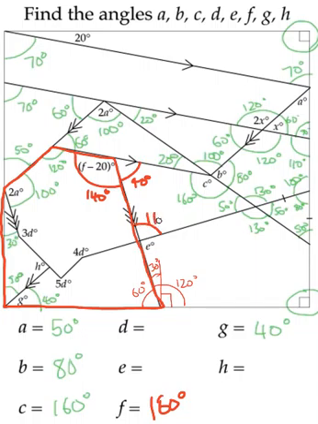That'll be 110 degrees. So E can now be solved. This would be 70 degrees. So we're getting them down. Right. Now we've got to work out D. I think H is going to come after we've worked out what D is from this angle here.